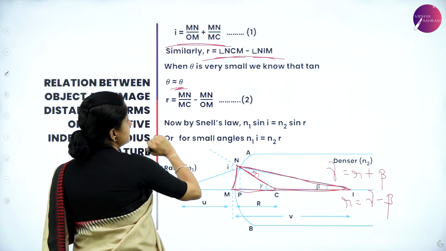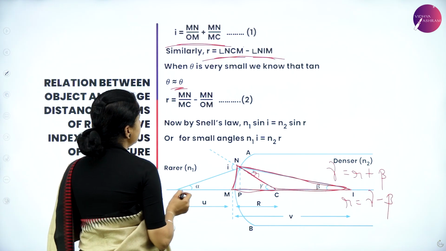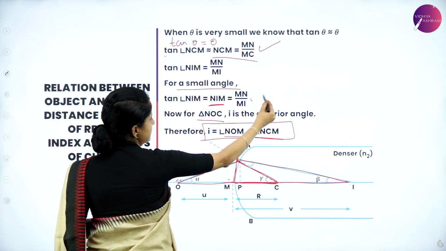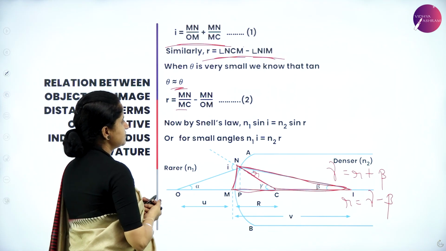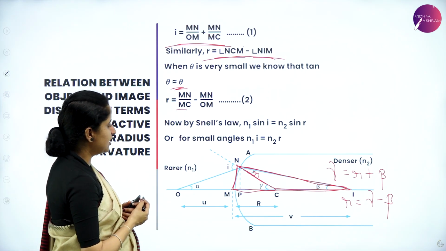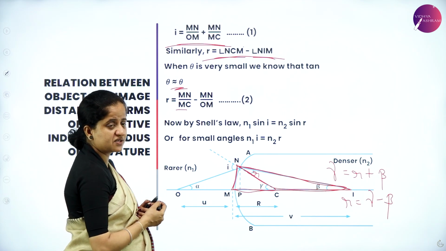So here r is equal to, what is NCM? We have already defined, that is MN divided by MC, minus NIM, which we have also defined, that is MN divided by MI. So substituting that, we'll get equation 2. Now by Snell's law, we know what Snell's law is, that is n1 sin i is equal to n2 sin r.